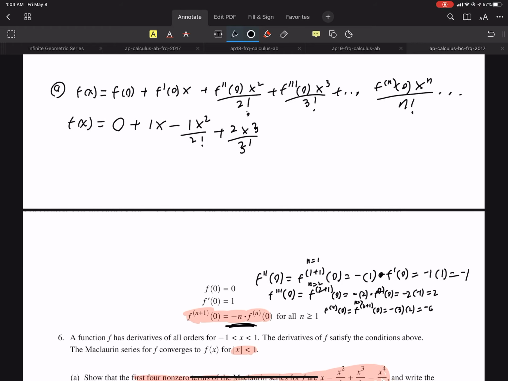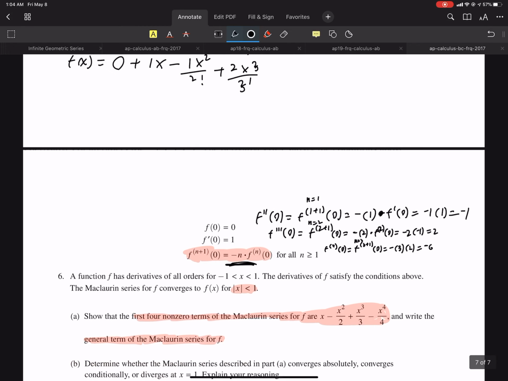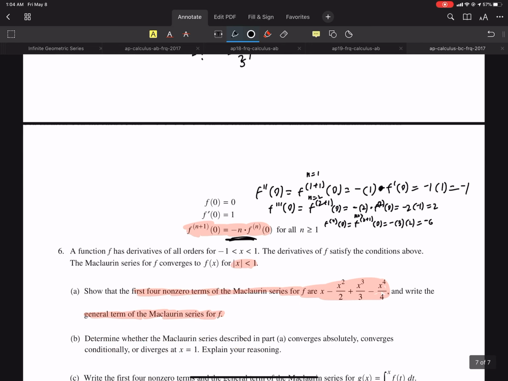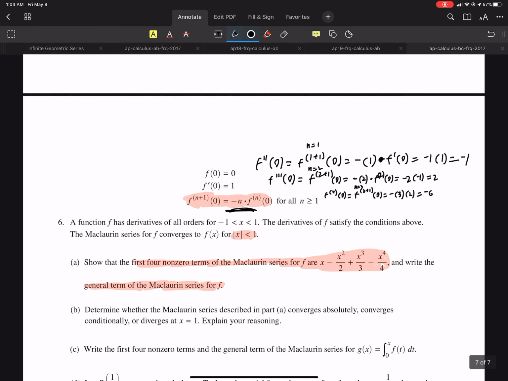Now, they asked for the first 4 non-zero terms. The first one was 0, so I need to find one more.